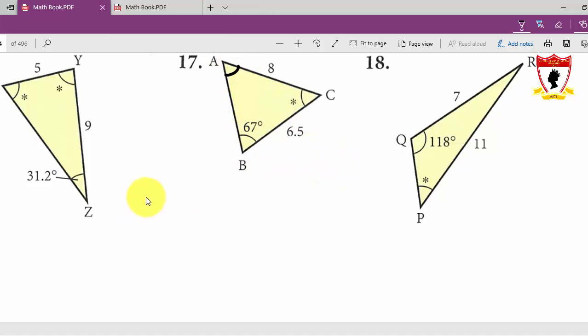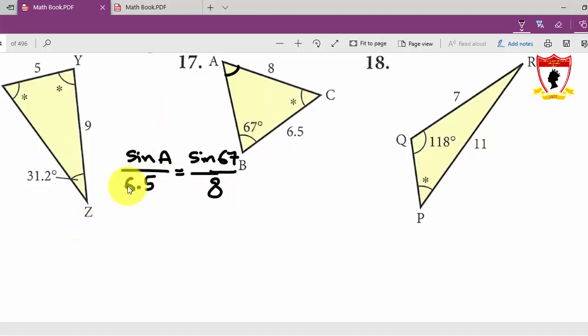To find angle A, since the angle is missing, sine of A over its opposite, 6.5, is equal to sine of 67 over its opposite, 8.